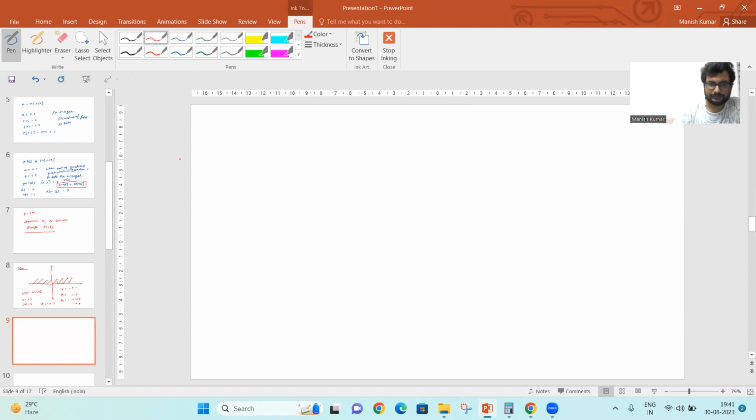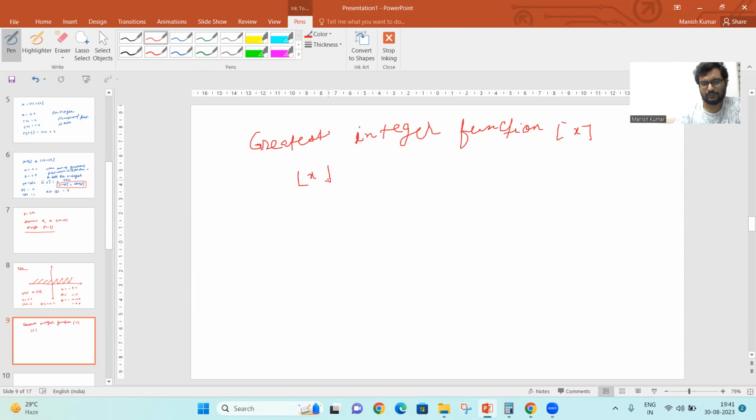I am writing that. The greatest integer function is written like this, or somewhere written like this, as you have seen in the Microsoft calculator.